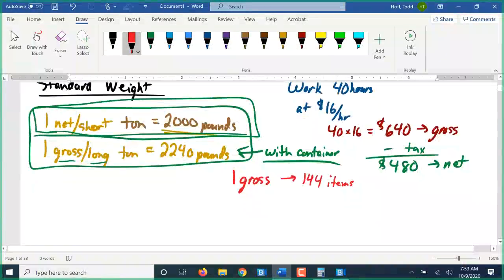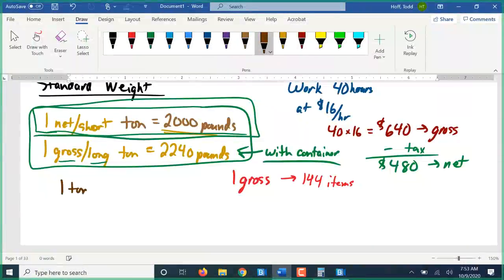Okay, so smaller than a ton. I'm just going to use the word ton because from now on, whenever we say ton, we mean the 2,000 pounds. We had the 2,000 pounds. It would have made sense to abbreviate pound PD.